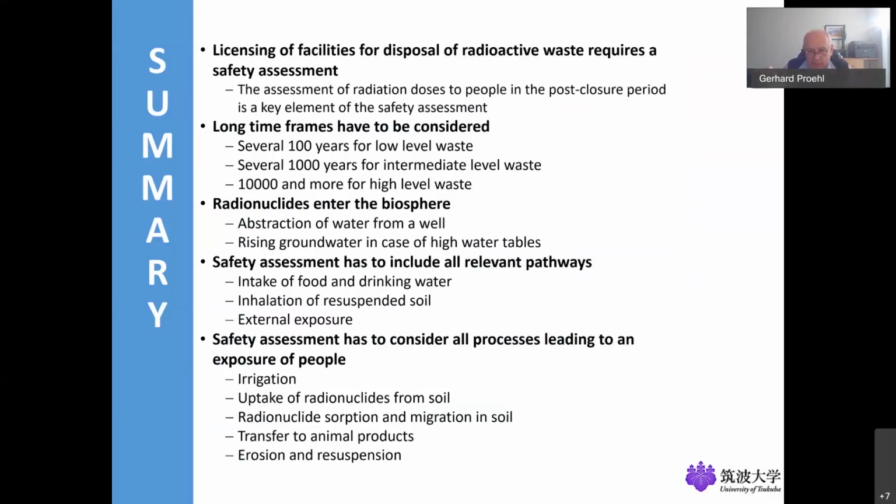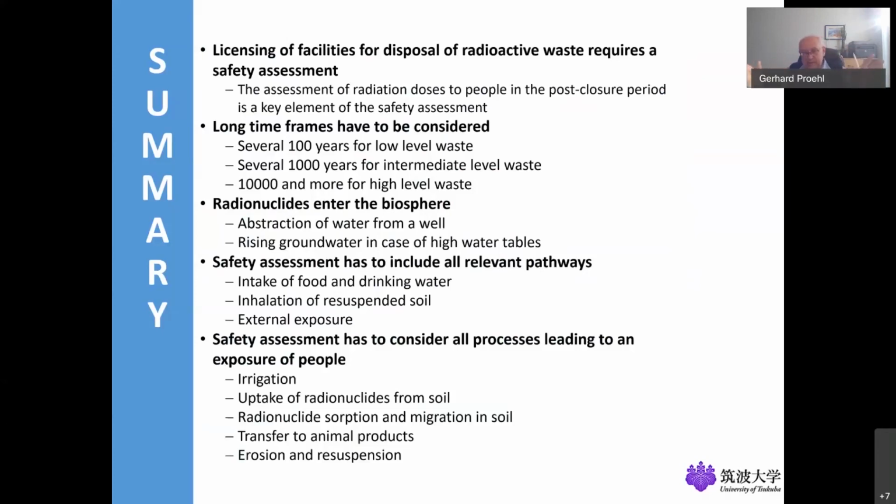Important pathways for radionuclides to enter the biosphere are the abstraction of water from a well, and secondly, rising groundwater if we have high water tables. In these assessments, we have to include all relevant pathways, including the intake of food and drinking water, inhalation of resuspended soil, and external exposure.